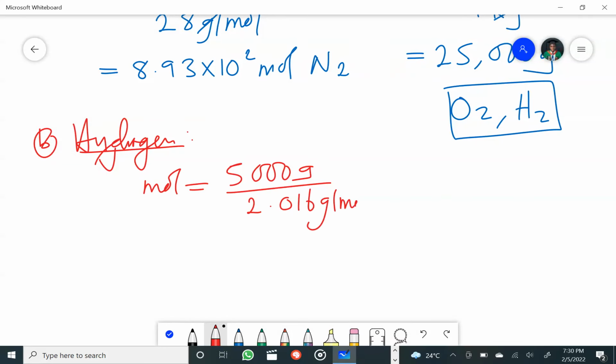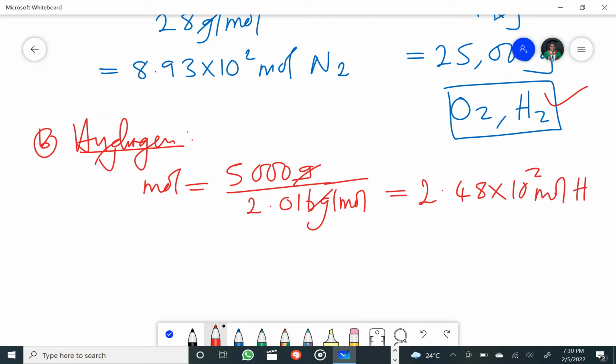You're just basically adding 1.008 plus 1.008, since the hydrogen here is in this form, it's a molecule. Remember, show your working how you're finding the molar mass, how you're converting from kilograms to grams, just like I showed earlier on. So here the number of moles is going to be 248 moles. Again, I've written this in scientific notation.